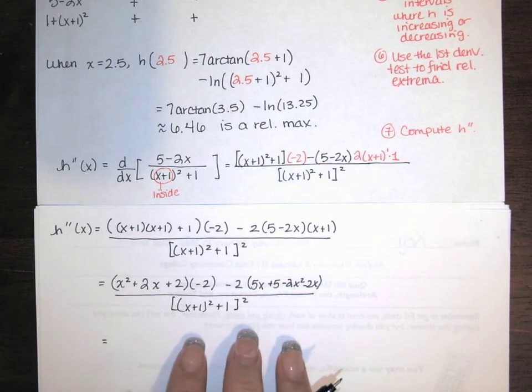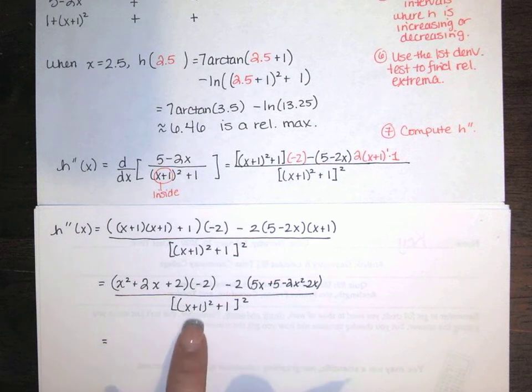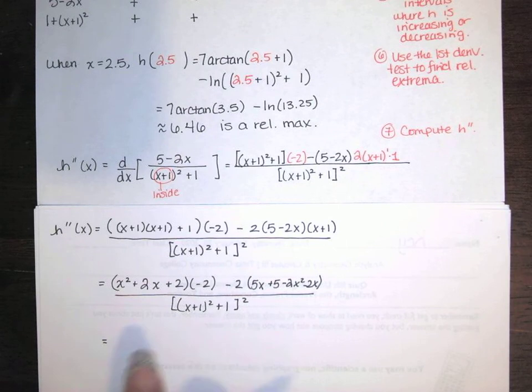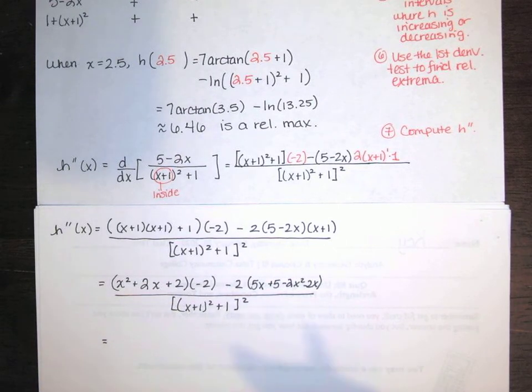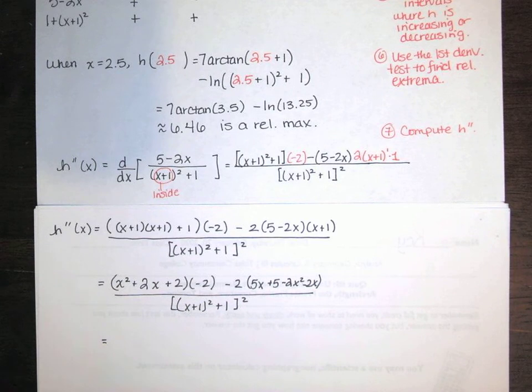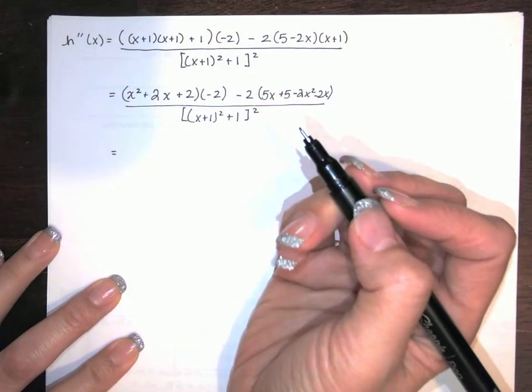I'm not expanding the denominator because this is always positive and it's not going to affect my signs in my sign chart. I need to figure out where h double prime is 0. In order to do that, I need to simplify this so that I could set the numerator equal to 0 and solve for x. So that's why we're doing this. That's where we're going.